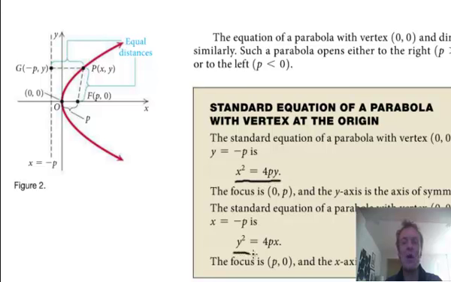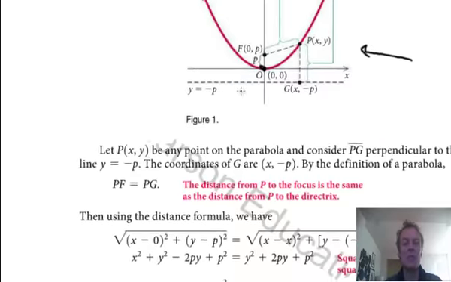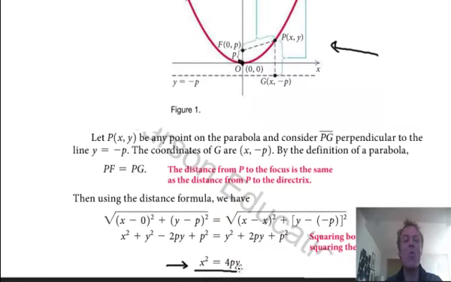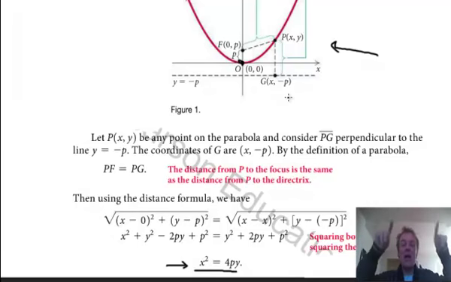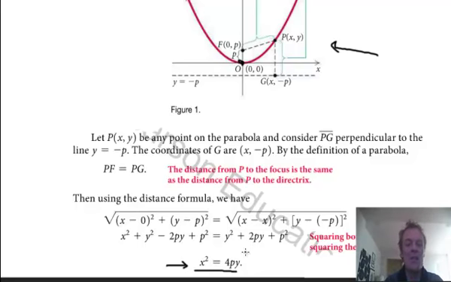But we also have y squared equals 4px. How I distinguish between the two: x squared equals 4py, this is opening up or down the y-axis. I think of it like that. It opens up the y-axis or goes down the y-axis. And that's the letter at the end.